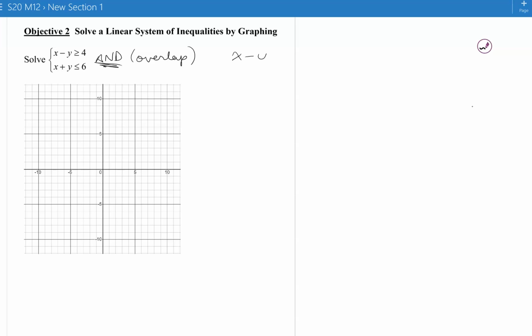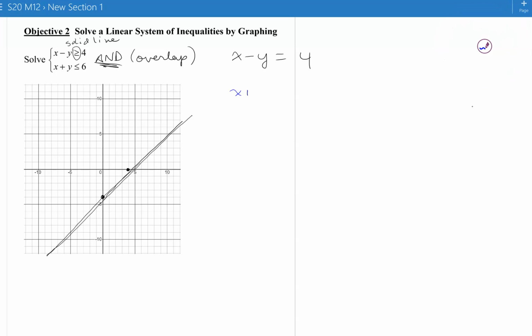So we want to graph x minus y equals 4. So when y is 0, x is 4. And when x is 0, y is -4. And I have the "or equal to," so I make a solid line to show that the points on the line are part of the solution set.